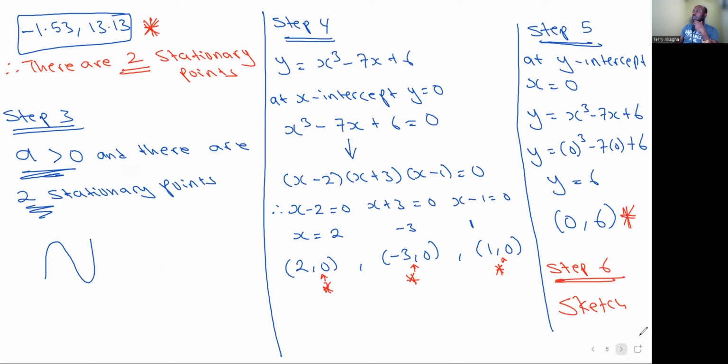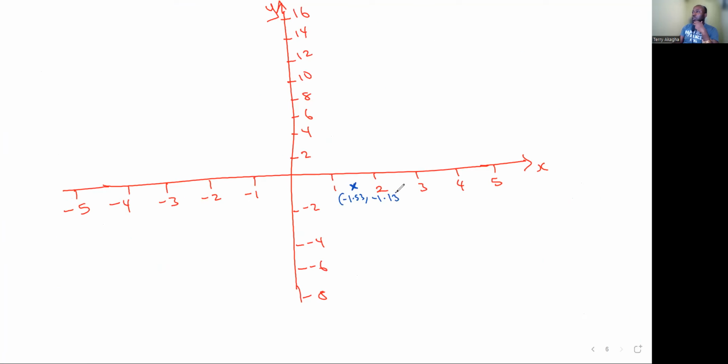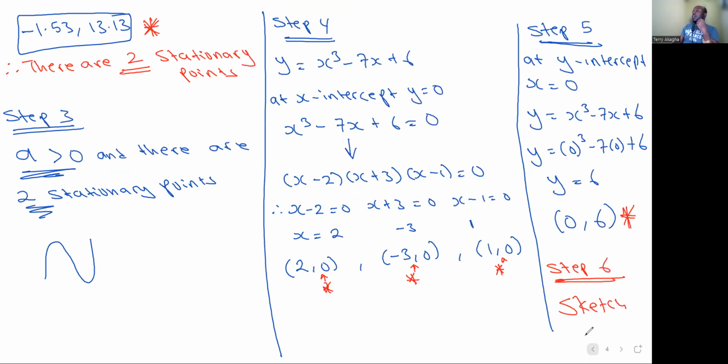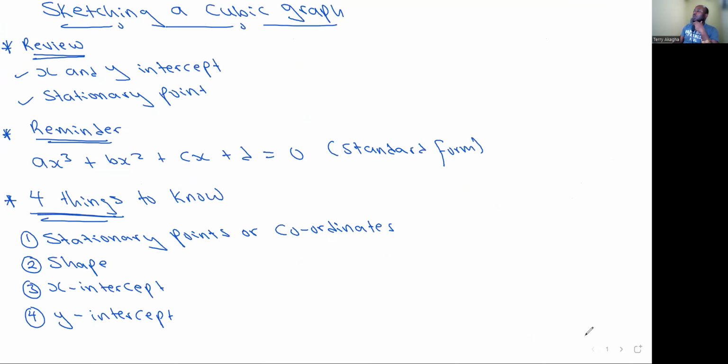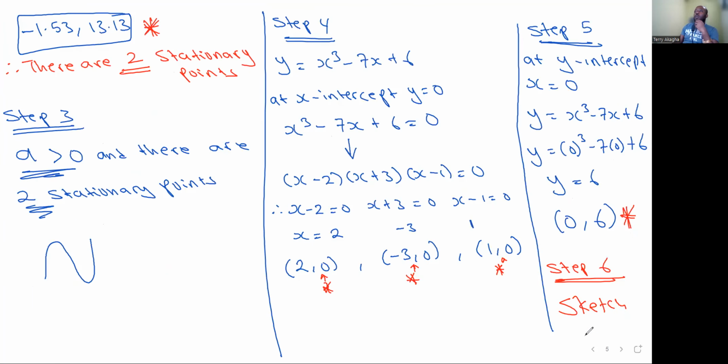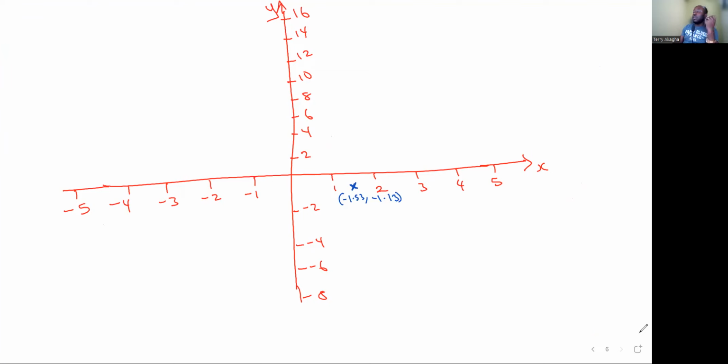Yes, 1.13. Then we've gotten that. The second stationary point we calculated was minus 1.53 and 13.13. So let's say this is 13 here, 13.13, somewhere here.